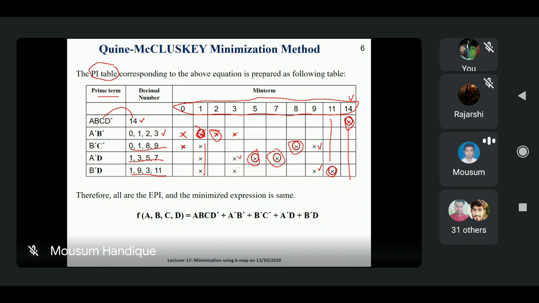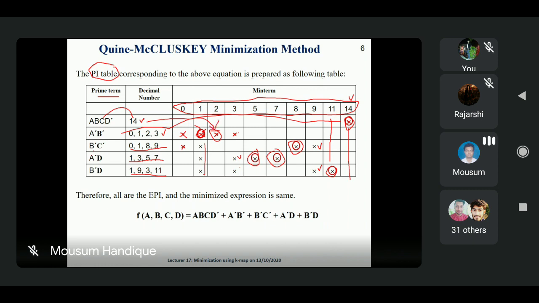Now see, in the prime implicant terms, is there any round symbol with a cross? Is any round symbol there in the A, B, C, D term? Yes, because in A, B, C, D, this one is the round cross symbol. And what about A bar B bar? A bar B bar also has one round symbol with a cross.